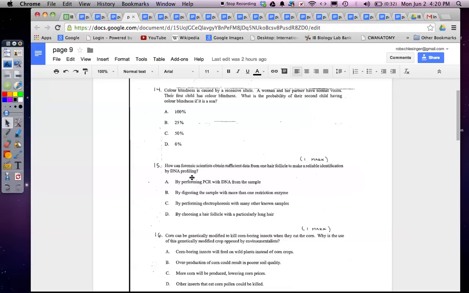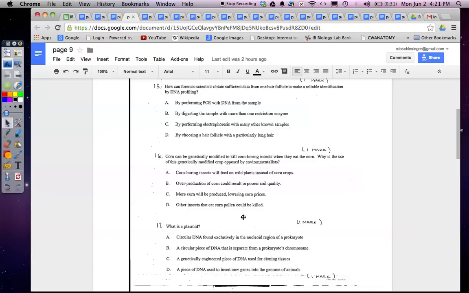The question is getting at, how can we take the DNA in this single hair follicle and make more of it before we begin the process of gel electrophoresis? The only technique that allows us to do that is the use of PCR. So the correct answer for 15 is A, by performing PCR, the polymerase chain reaction, with DNA from the sample. Then I can utilize restriction enzymes, and then I can use gel electrophoresis.